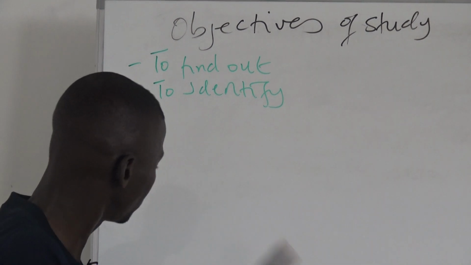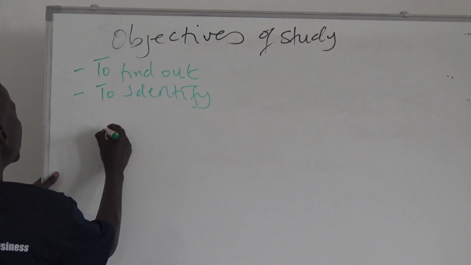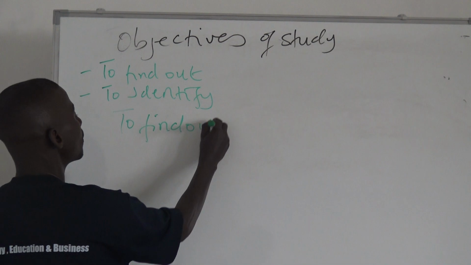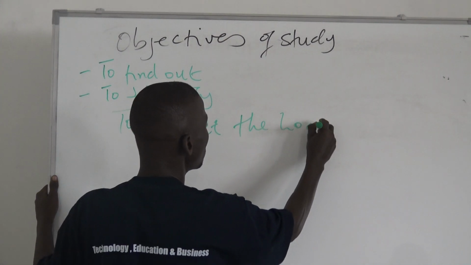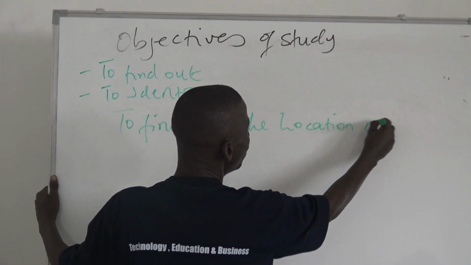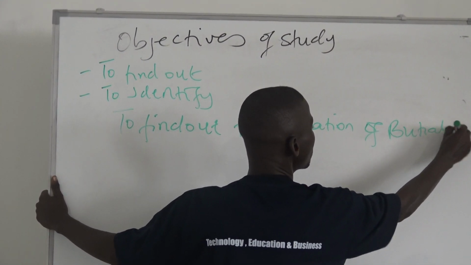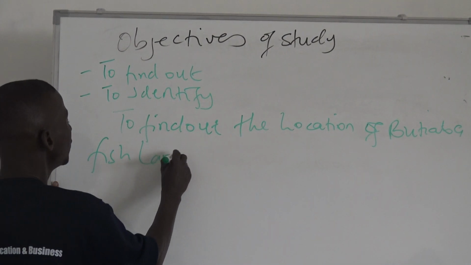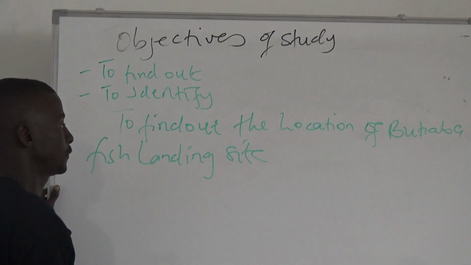The first objective is usually to find out the location of Butiaba Fish Landing Site. That is our first objective.